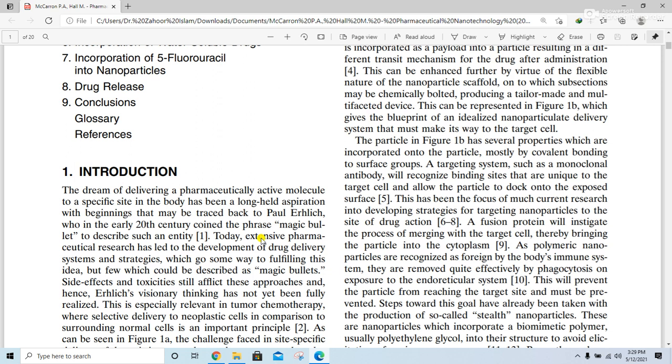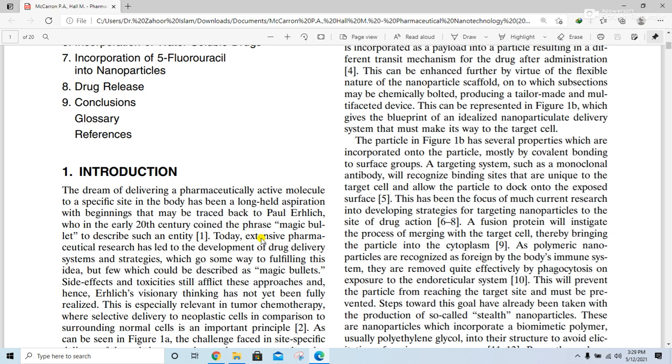The dream of delivering a pharmaceutically active molecule to a specific site in the body has been a long-held aspiration, with a beginning that may be traced back to Paul Ehrlich, who in the early 20th century coined the phrase magic bullet to describe such an entity.